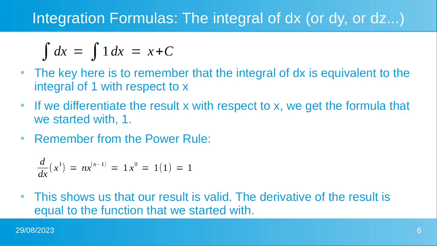So our derivative is going to be equal to 1 multiplied by x raised to the power of 1 minus 1, which is 0. So x raised to the power of 0 is equal to 1, and we get 1 times 1, which is equal to 1. This shows us that our result is valid: the derivative of the result is equal to the function that we started with.